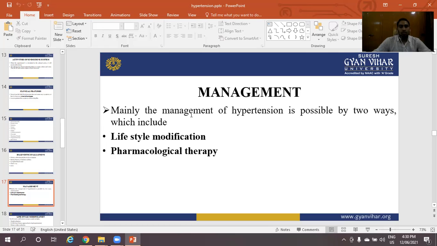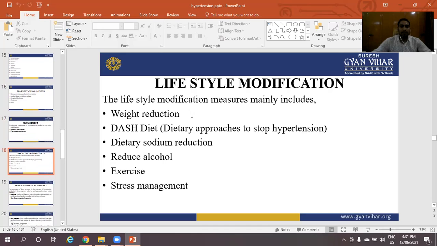Management of hypertension is possible in two ways: first, lifestyle modifications, and second, pharmacological therapy. Lifestyle modification means non-pharmacological management.